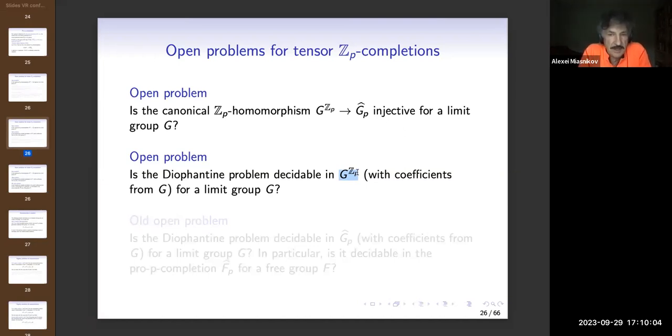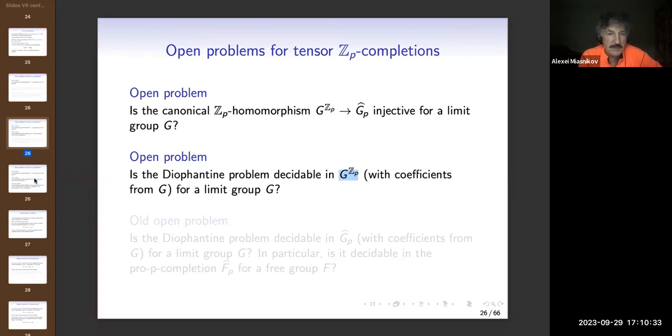So coefficients are in G, very tame. Is there an algorithm which decides whether a given finite system of equations like that has a solution or not? And if it has, finds a solution. I think it's doable, and it's quite interesting.